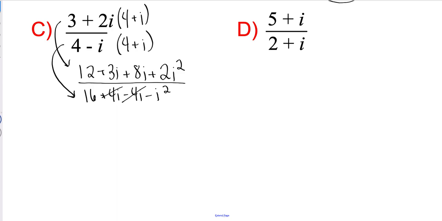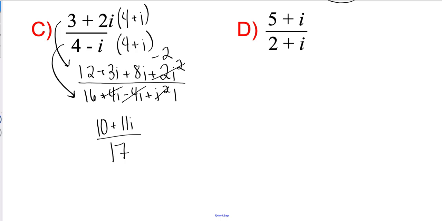So those are going to cancel out. And this i squared flips to a positive 1. Okay, so in the bottom, we just have 16 plus 1, which is 17. Numerator, so that i squared is going to flip that to a negative 2. So then you have 12 minus 2 is 10 on top. And then a 3i plus an 8i is 11i.